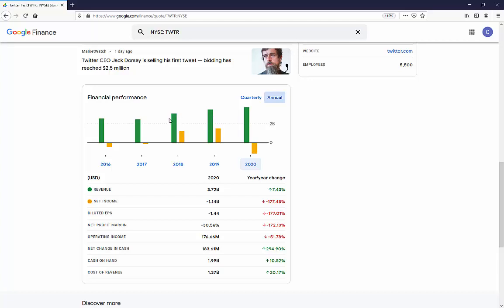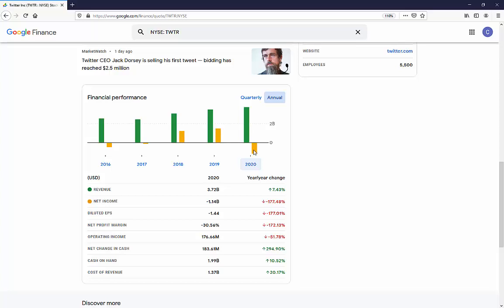And this was 3 billion here, and this was just over 2, maybe 2.5 and 2.5 there. So the revenues have been increasing. Now, the earnings have been going in the right direction. They were losing money, they lost less, they made money, they made even more money.